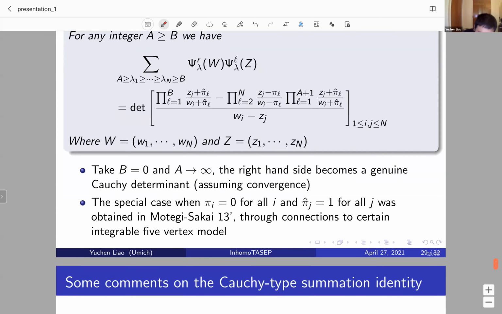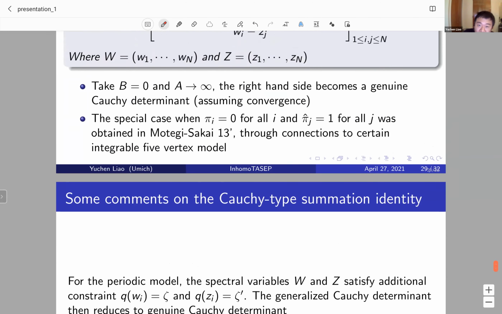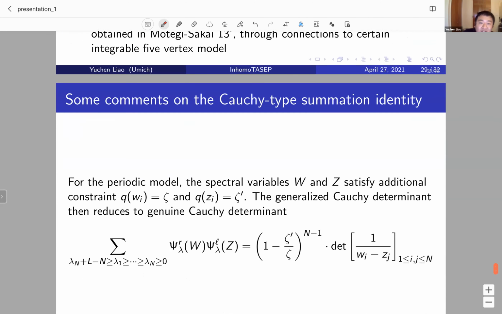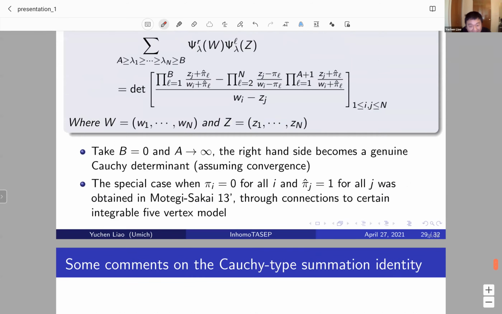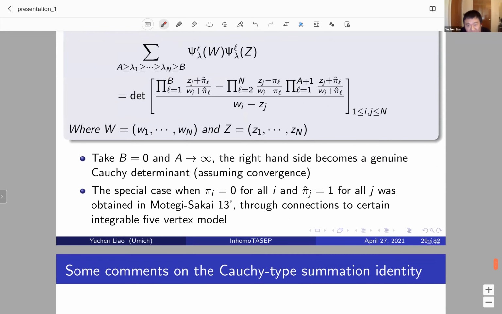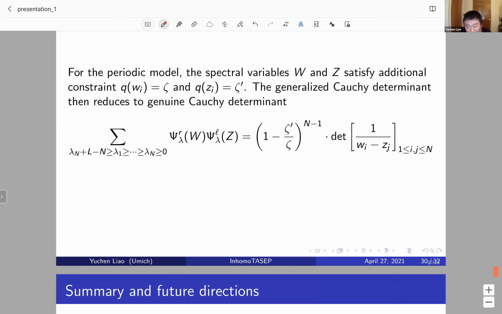And that's it. And for the periodic case, maybe just one concluding remark. If you assume further that your spectral parameters W and Z satisfy some beta equation, which is natural in this periodic case, then the generalized Cauchy determinant here reduces to a general Cauchy determinant.